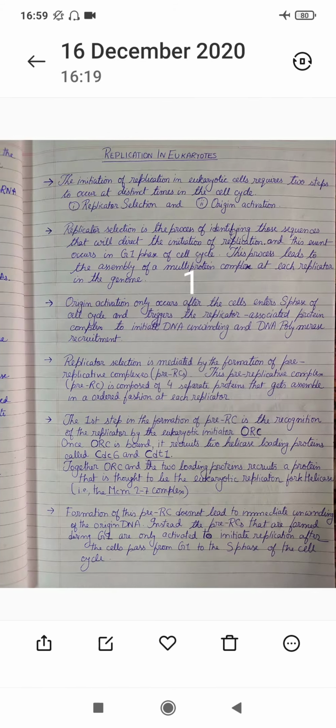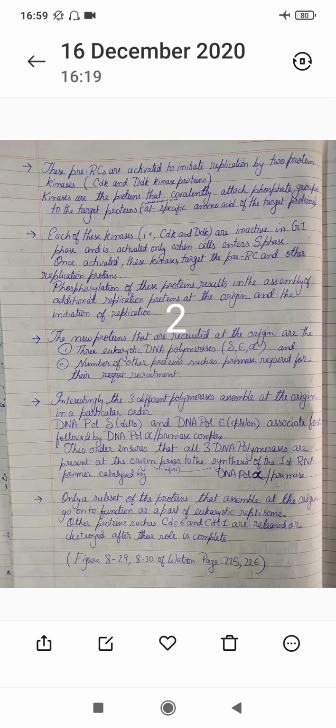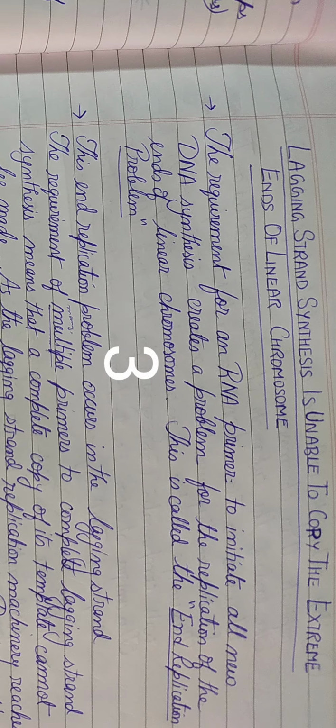Let us move forward now. This was about the starting of the initiation and how it elongates. There is not much detail about the elongation; it is pretty straightforward.